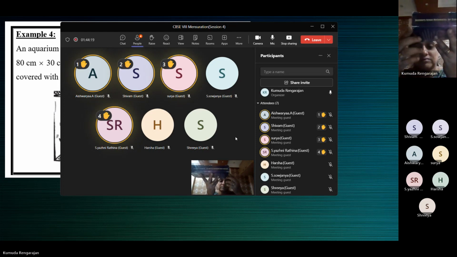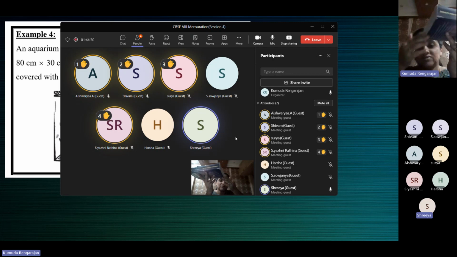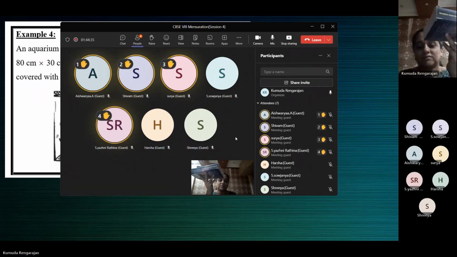This edge. Breadth. This edge is what? The length or a breadth or height? Breadth. Now, what are the dimensions on this face of the rectangle?